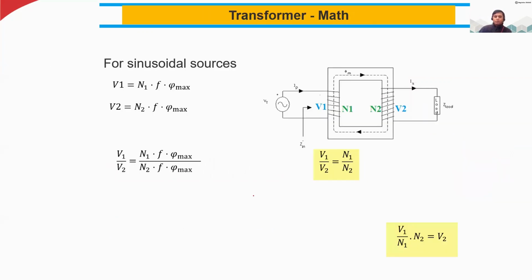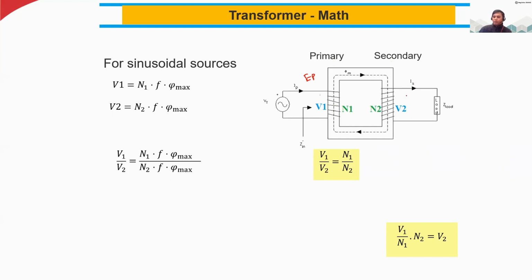Okay, so now we will go to the mathematics part, the equations. We already know a transformer has a primary winding and a secondary winding. The voltage induced in the primary is called V1, or you can also call it EP. It's the same EMF in the primary.